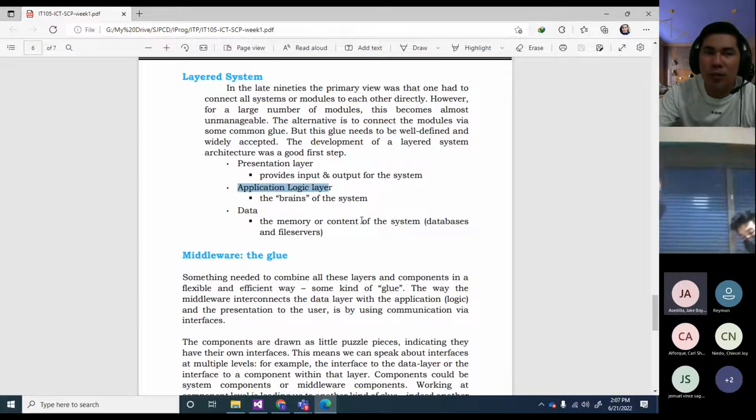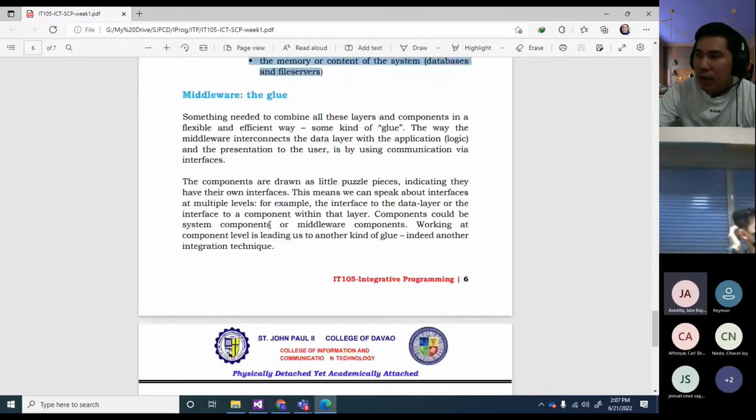We can store this in JSON files, especially for web. So we use these layers: presentation layer, application layer, and data layer.